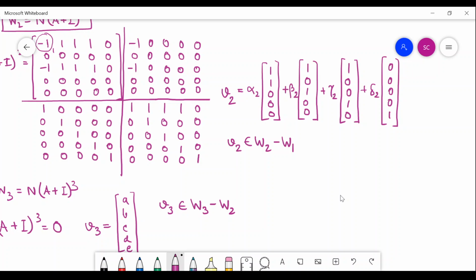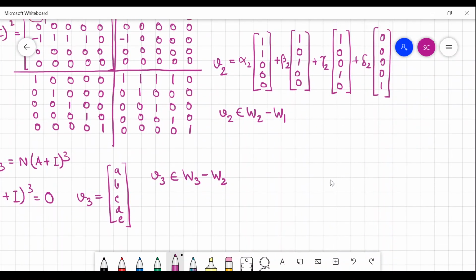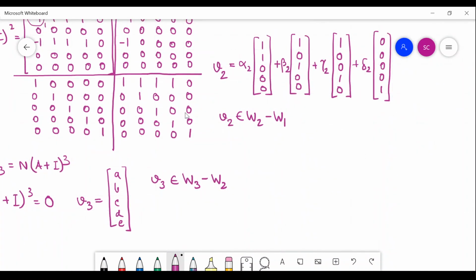And here you will see that if you choose V3 as 1 0 0 0 0, this V3 satisfies this relationship. This V3 is in W3 minus W2, so this is a valid V3 that you can choose.